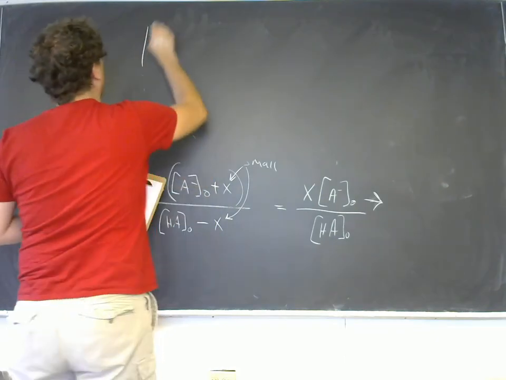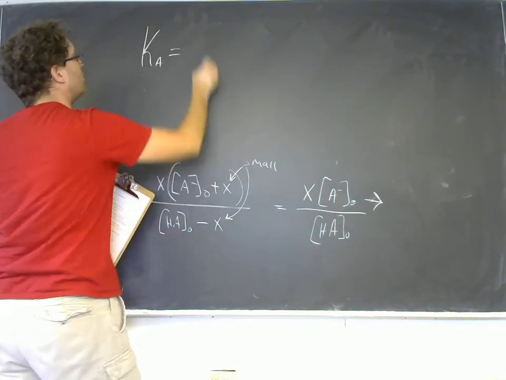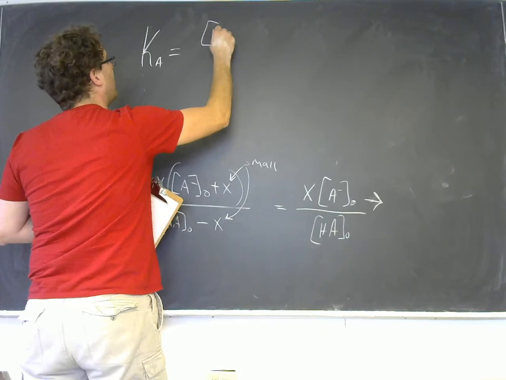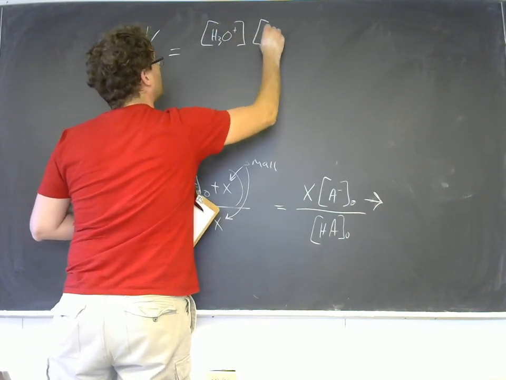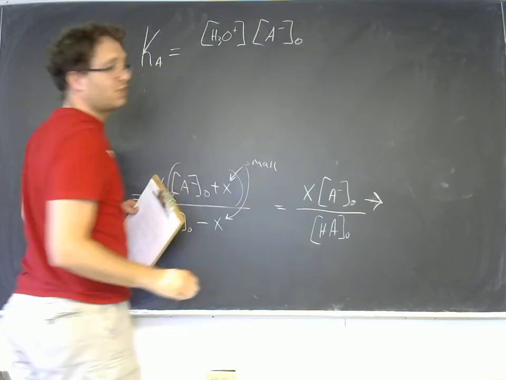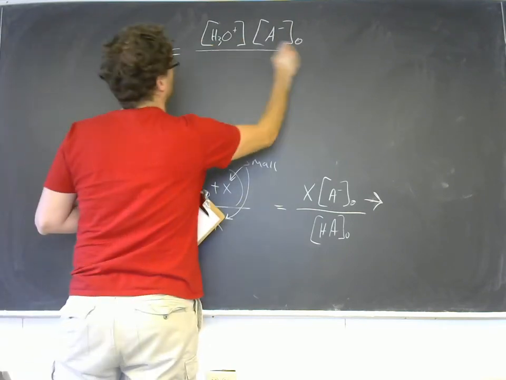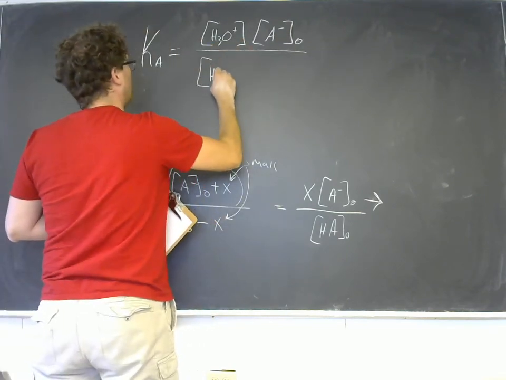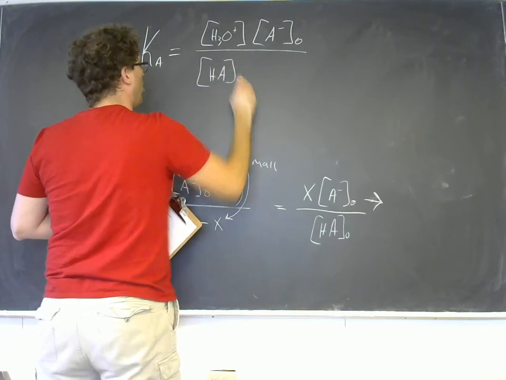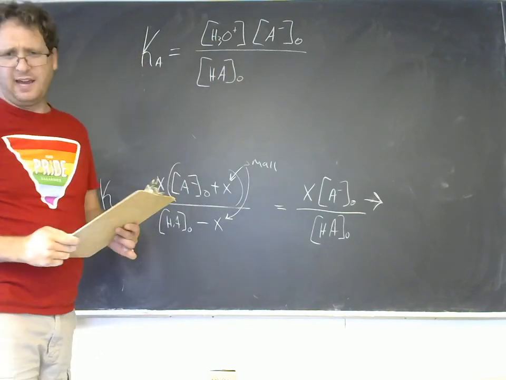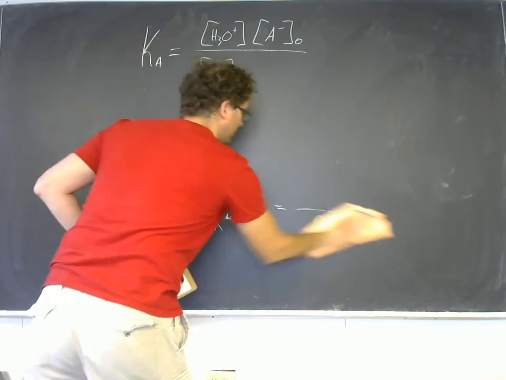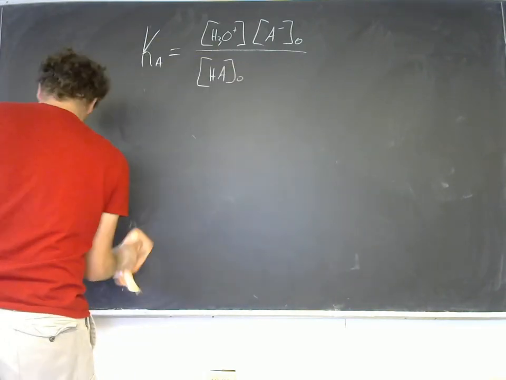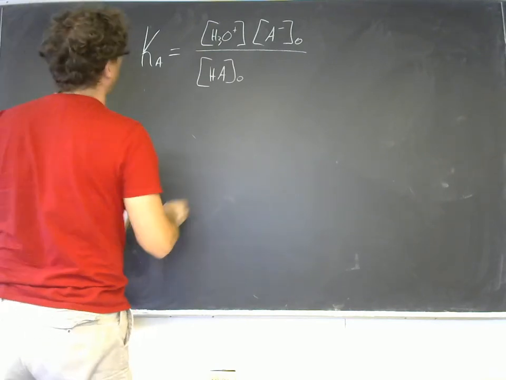We know that Ka is equal to x, which is just the H3O plus concentration, times the initial A minus concentration over the initial HA. Well, now we're almost there. We're really close to the Henderson-Hasselbalch equation. From here, we'll just do a bit of algebra.